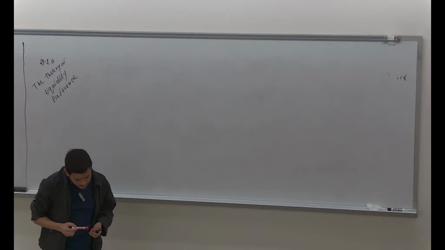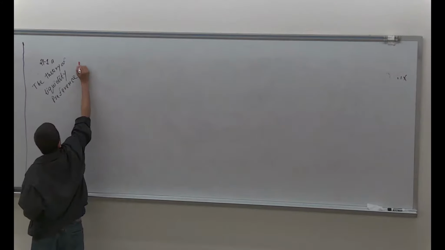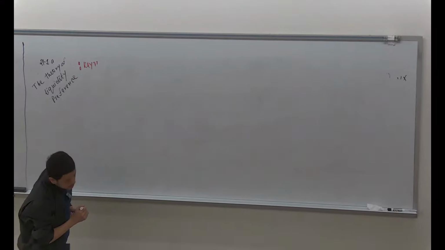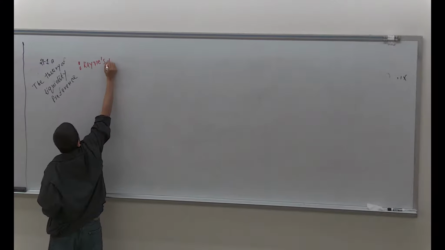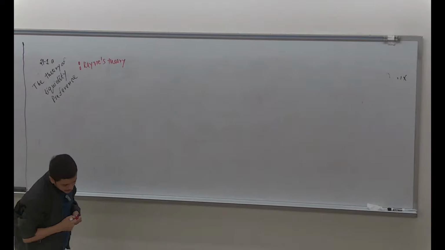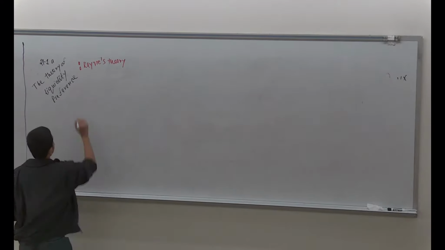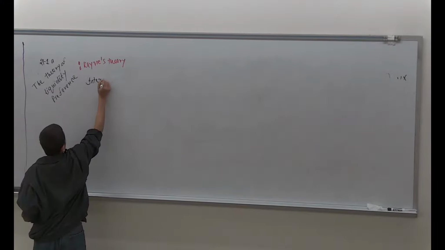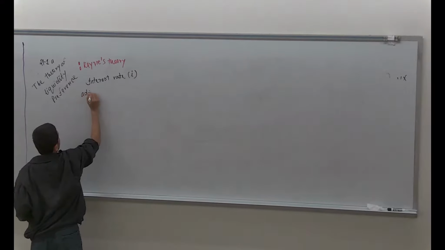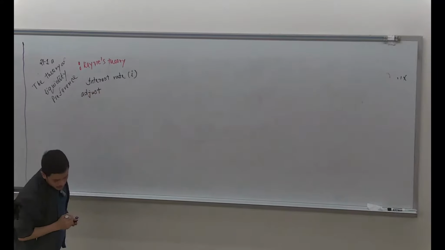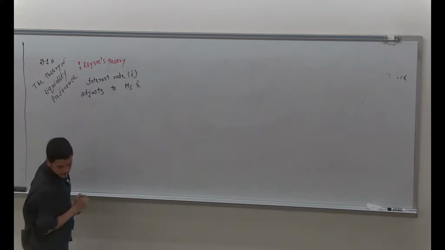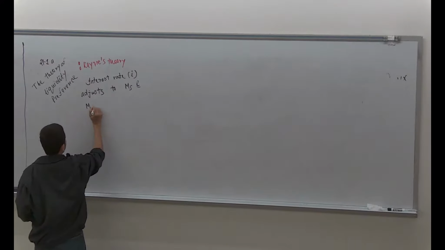This is Keynes's theory. So what is it basically saying? It's basically saying that the interest rate adjusts to bring money supply and money demand into balance.